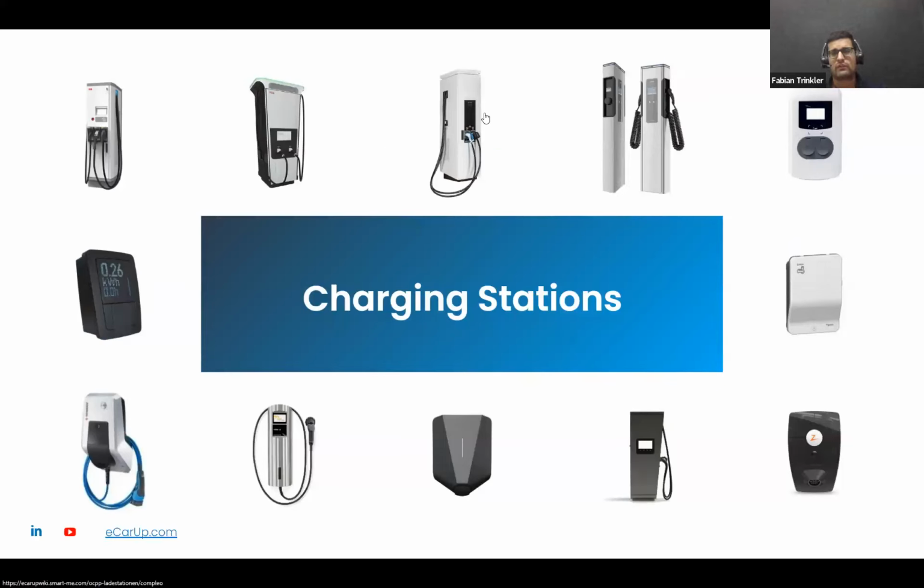It also works if you have charging stations with different connectors. So for instance, if you have a CCS and a CHAdeMO connector at one charging station, this is no problem. Then you can simply configure every connector to your own preferences within eCarUp, and you can even set different prices for different connectors.